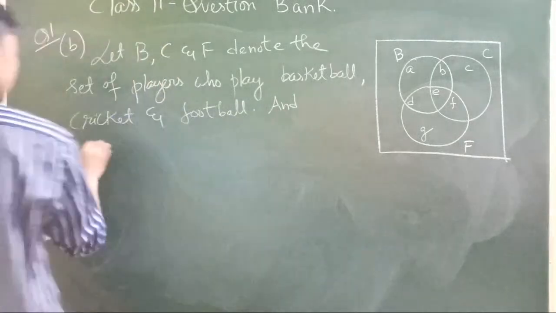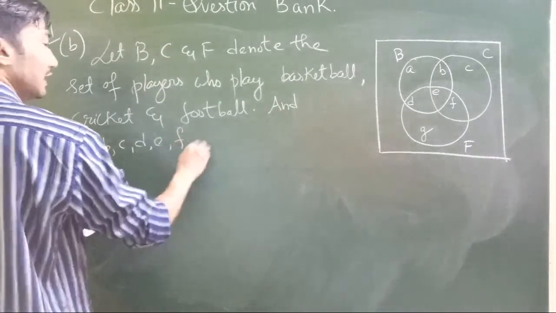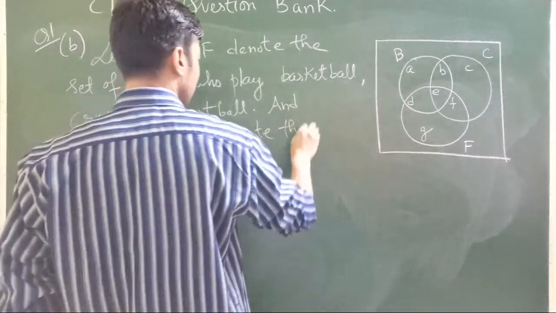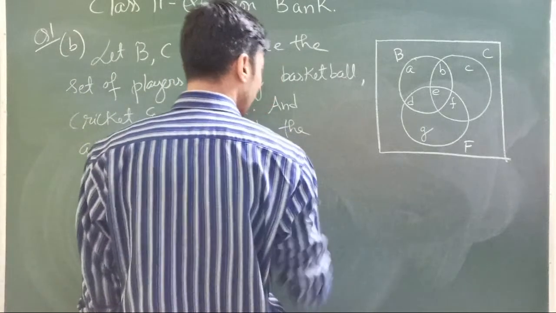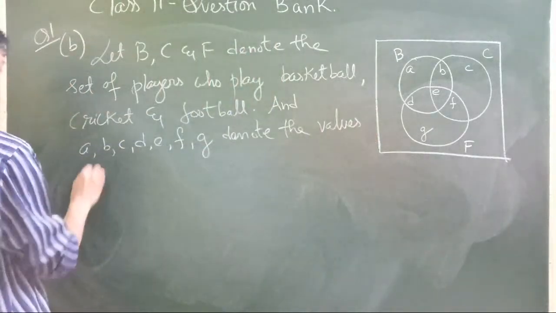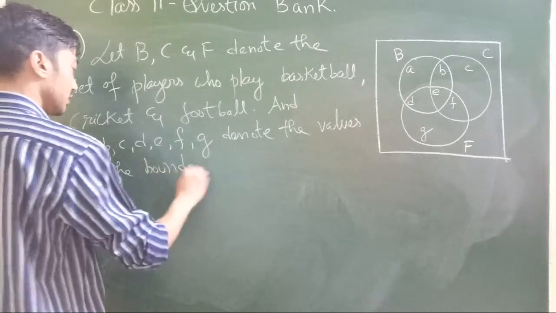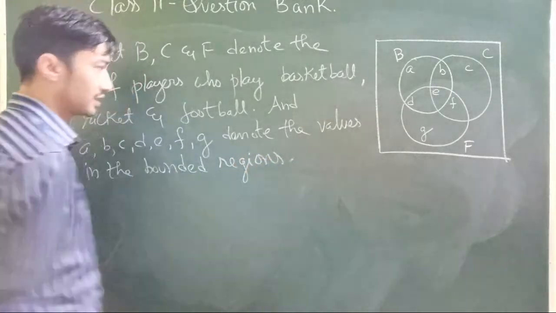And the letters A, B, C, D, E, F, G denote the values or elements in the bounded regions.